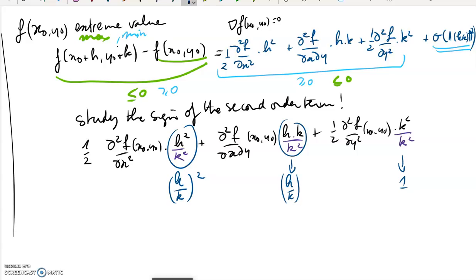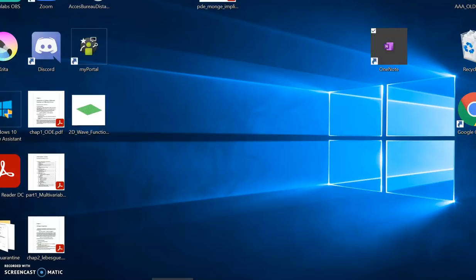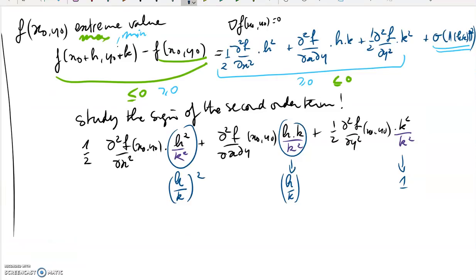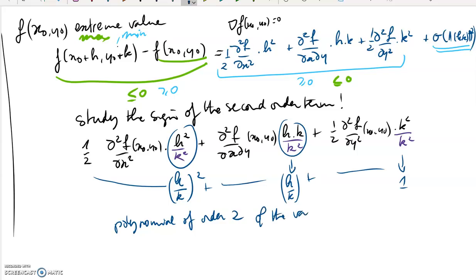We have a coefficient times something square plus another coefficient times that thing plus a constant value. And what is that? That looks like a polynomial of order 2 of the variable h over k.